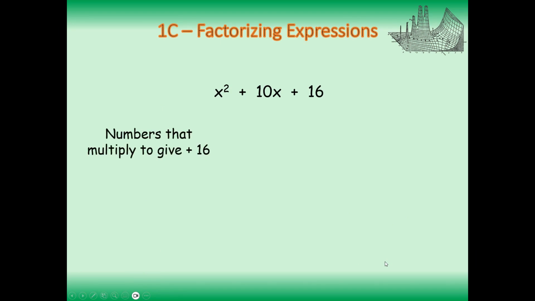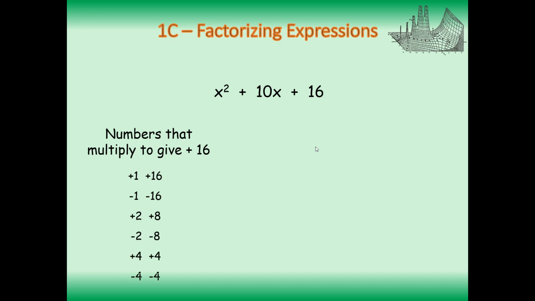In this case, once again, those two numbers inside the bracket have to multiply to 16 and add up to 10. So what are the factors of 16 that add up to 10? 1 and 16, or 2 and 8, or negative 2 and negative 8.